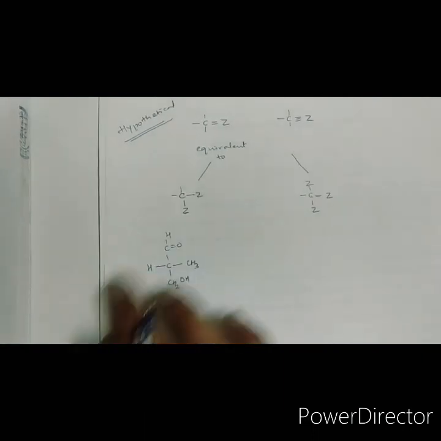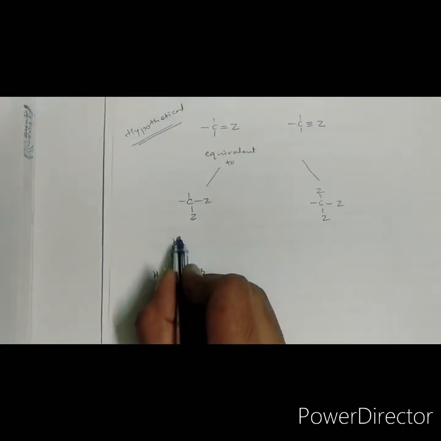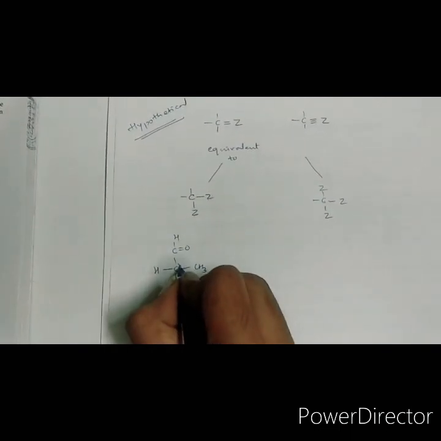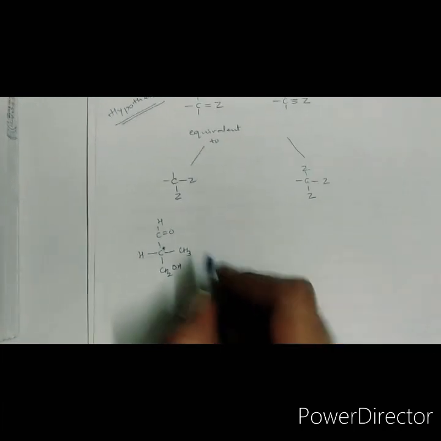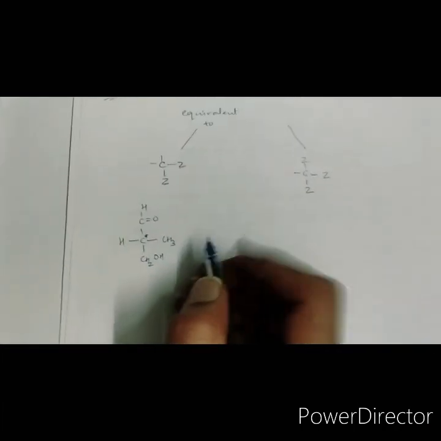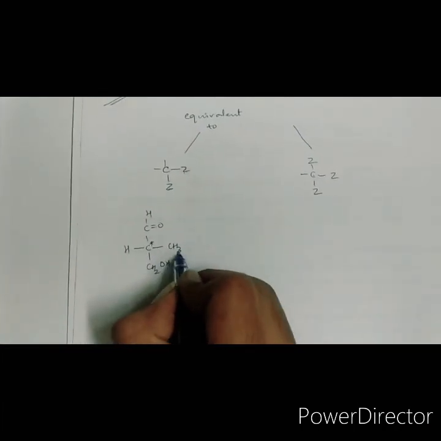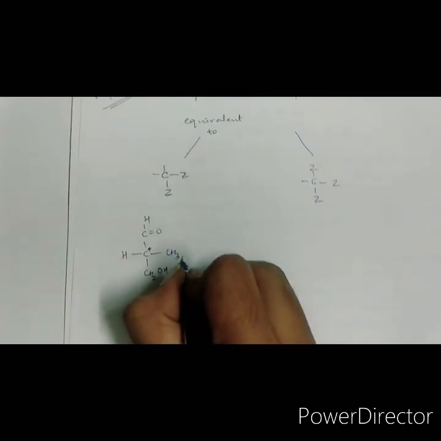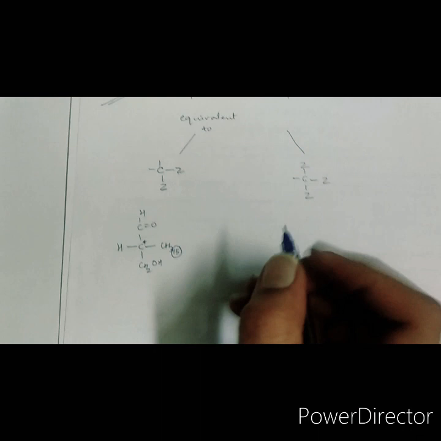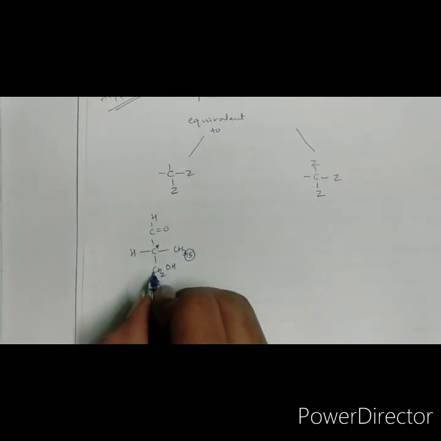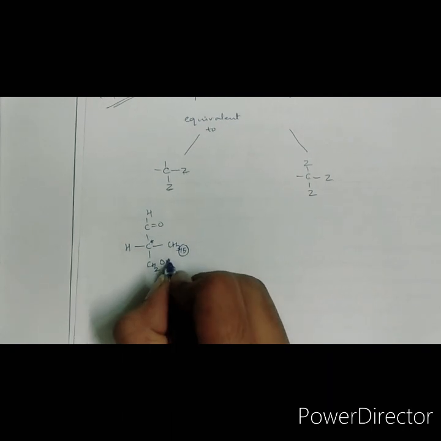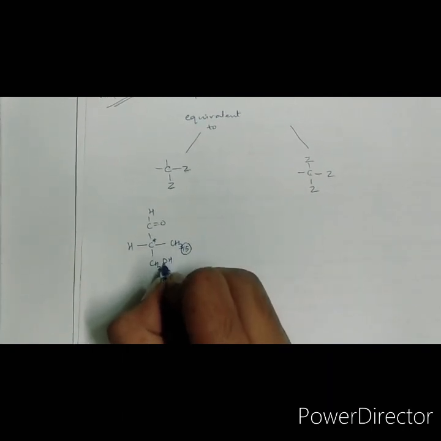So if we see this as an example, here you can see there is a double bonded carbon atom. So now this is a chiral carbon. If we want to assign the priority, here we can see methyl, as we know, carbon 12 and hydrogen 3, so it will have 15 as a molecular weight, while this will have 12 plus 2, 14, 14 plus 1, 15 and 16 oxygen.